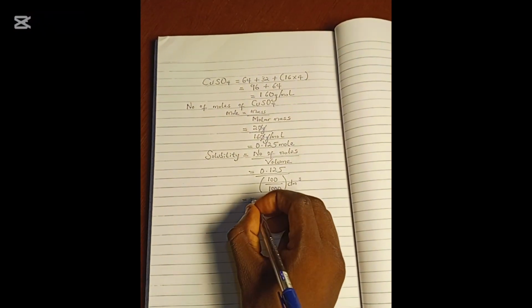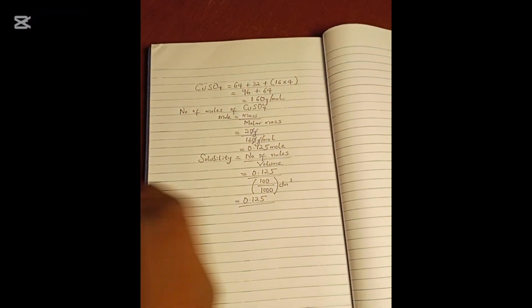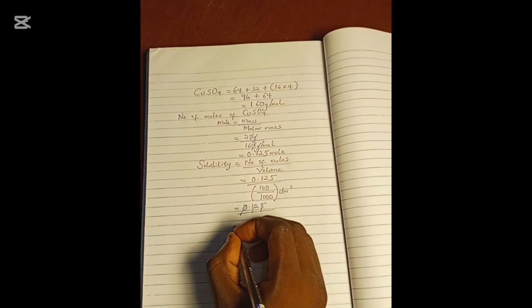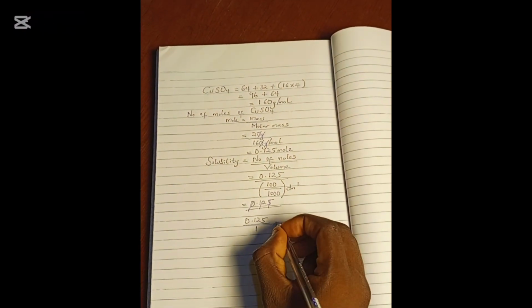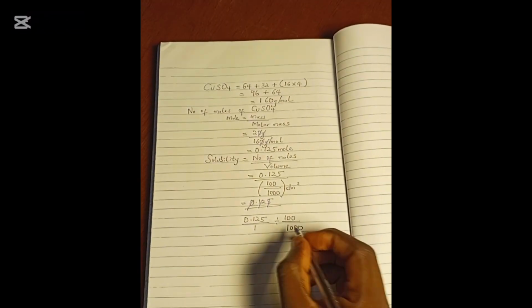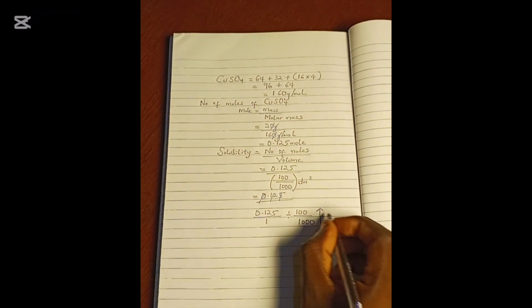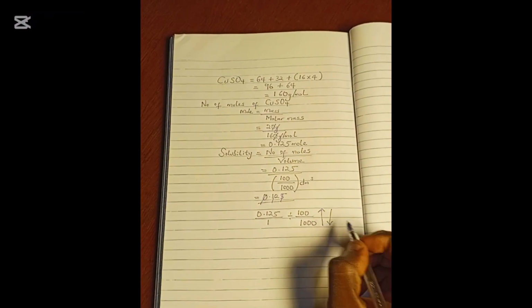So then we have 0.125 all over, or we can go back to our way of division, which is 0.125 all over 1, divided by 100 all over 1000. If this division sign changes to multiplication, the denominator serves as numerator, while the numerator serves as denominator.